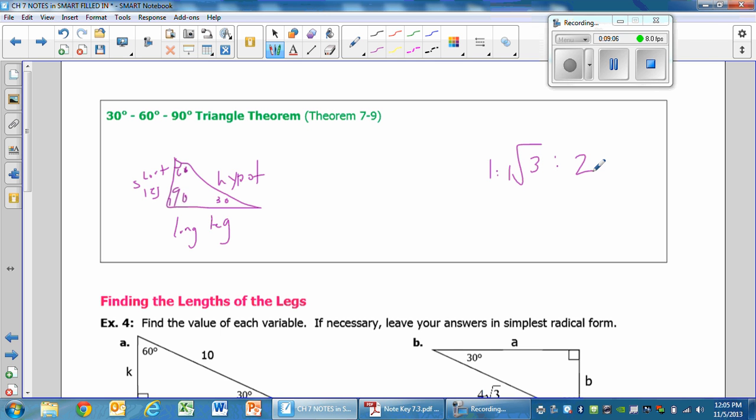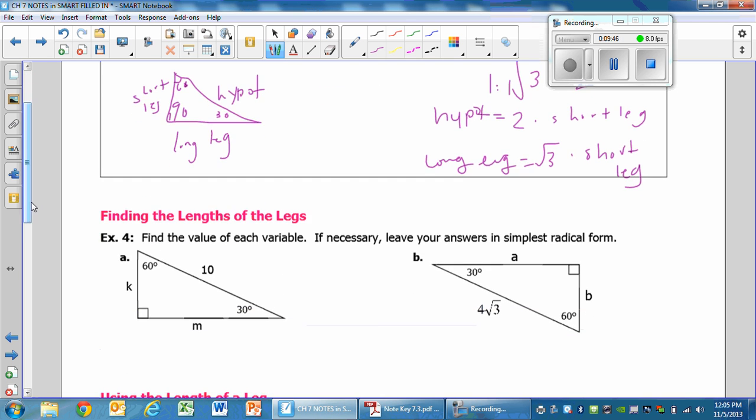So the hypotenuse would equal 2 times the short leg, and the long leg would equal radical 3 times the short leg. This one has a couple more details, but once we practice, I think you'll get the hang of it. So let's go down and give example 4 a try.